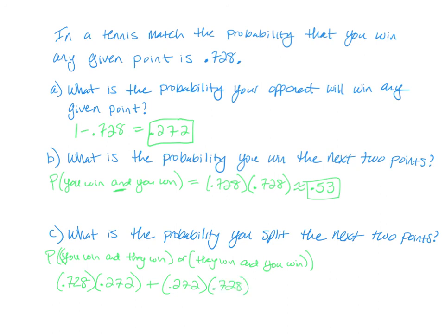So the or got an addition, the ands get multiplication, and this comes out to about 0.396. So there's a almost 40% chance that you will split the next 2 points.